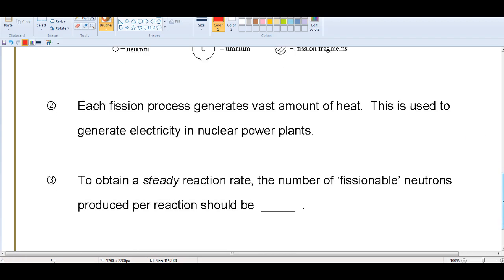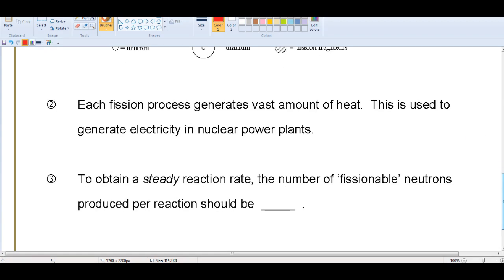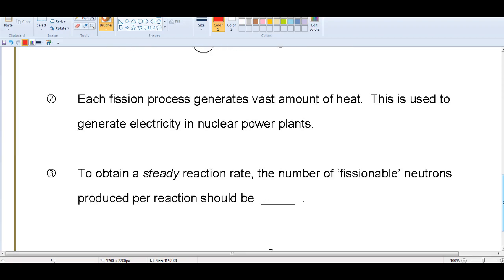To obtain a steady reaction rate, the number of fissionable neutrons produced per reaction should be... Okay, if you want a steady reaction rate rather than an accelerating reaction rate, because if you have an accelerating reaction rate, then it's out of control. Then there will be explosion, there will be leakage of radioactive substance to the atmosphere, right?